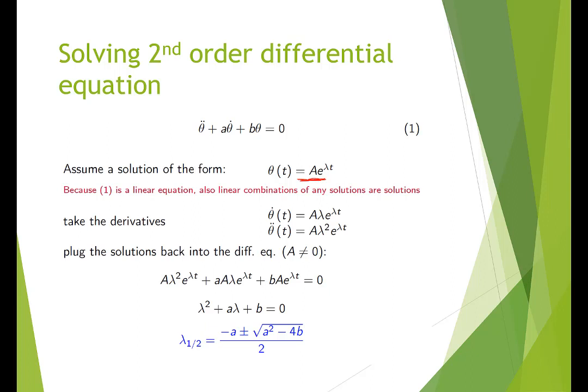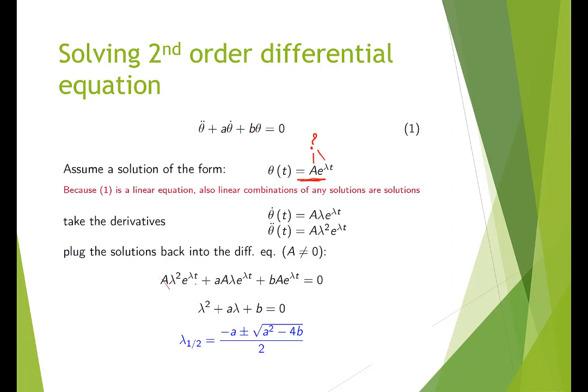And the way we solve this equation, we assume that we know it has this format and we have two unknown parameters. We put theta back into the equation and then calculate A and lambda. If we do that, we take the derivative of theta and the second derivative of theta, and put them back in the equation. It should satisfy the equation, so it should be 0. Then A cancels out.